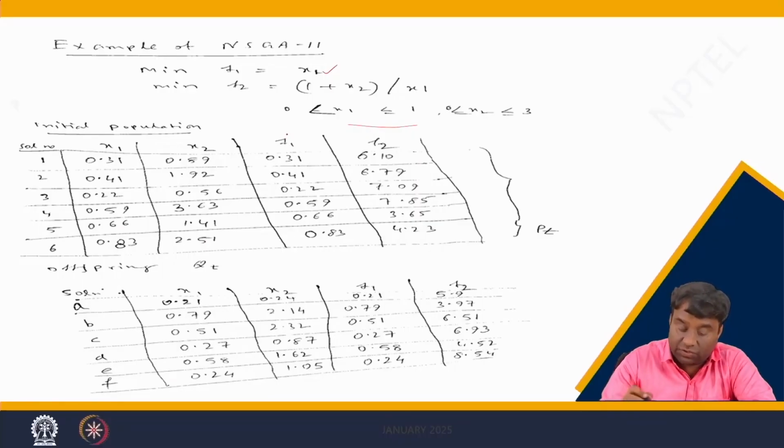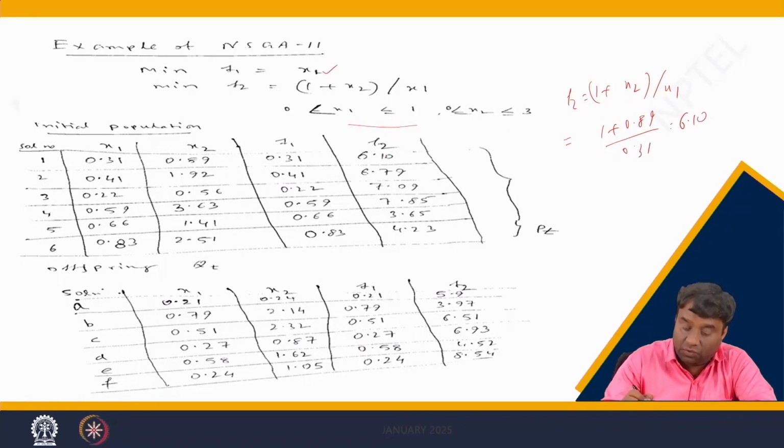Now f1 is equal to x1, so these values will be the same. Now f2 will be 1 plus x2 by x1. So here it is 1 plus 0.89 by 0.31, which is 6.10. So we calculate f2.